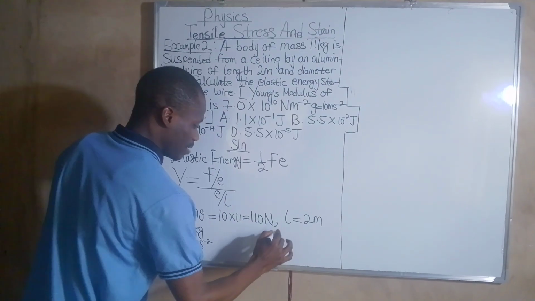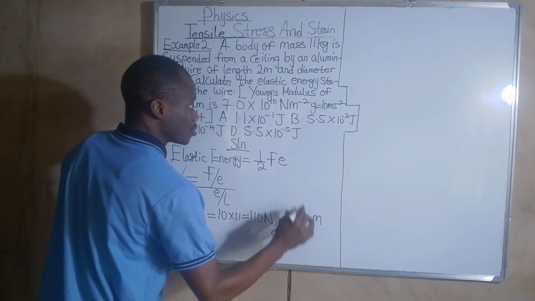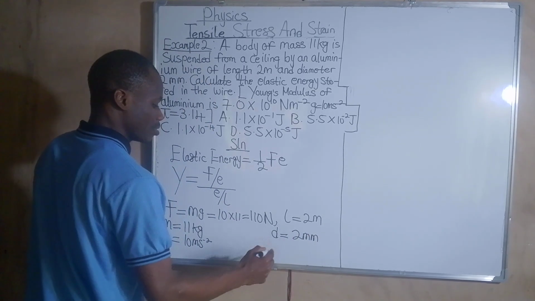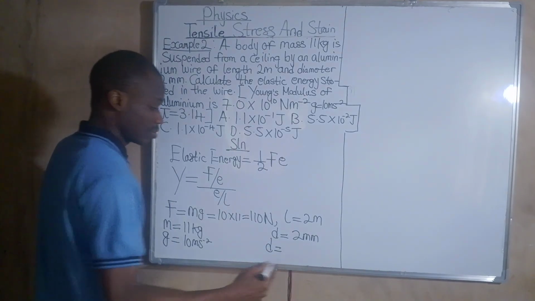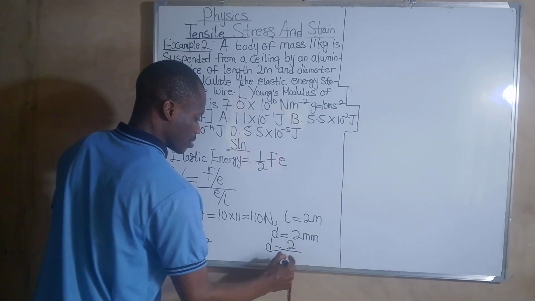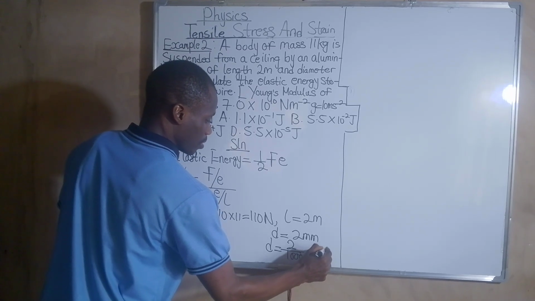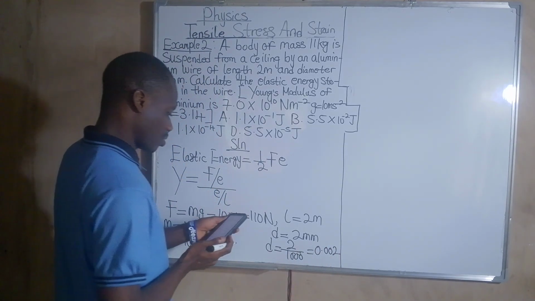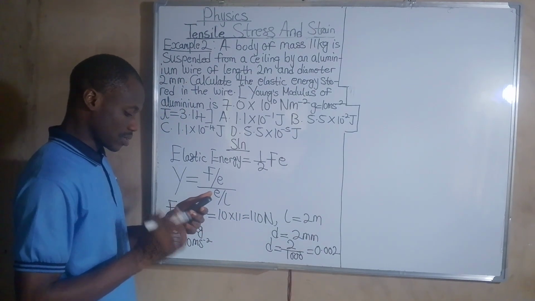Now diameter, D for diameter, is giving us 2 millimeter. Now we're going to convert this to meters. So we say 2 all over 1000, which should be giving us 0.002 if I'm correct. You just divide it and it will give you that.